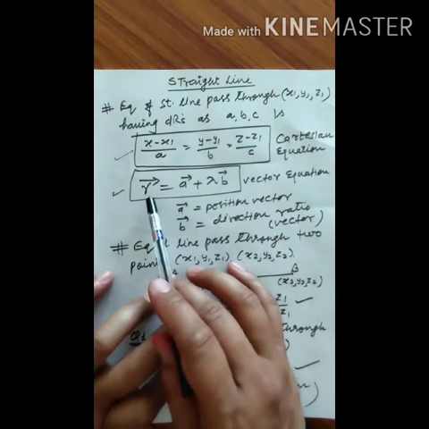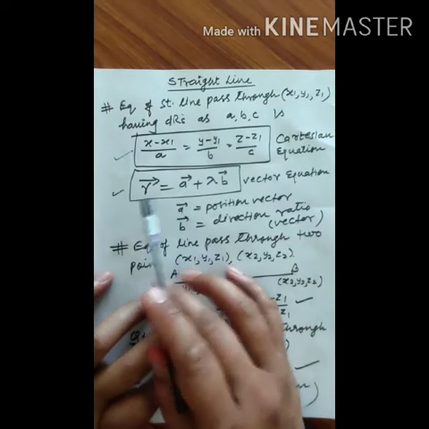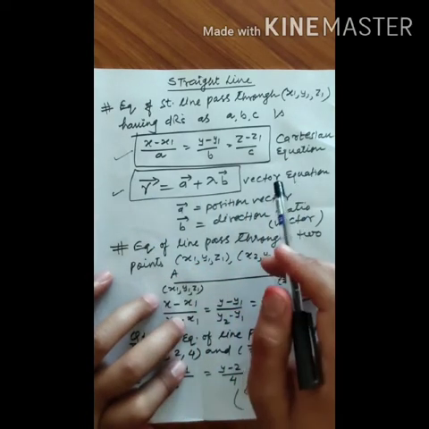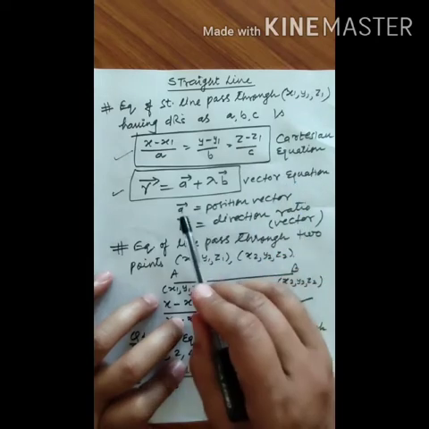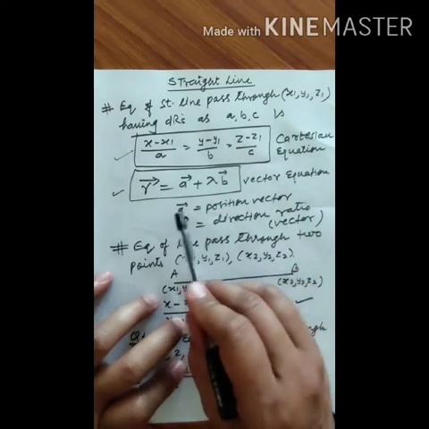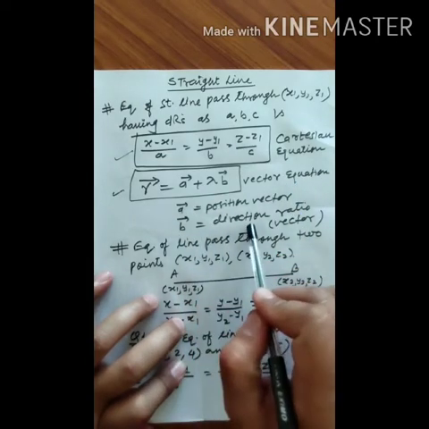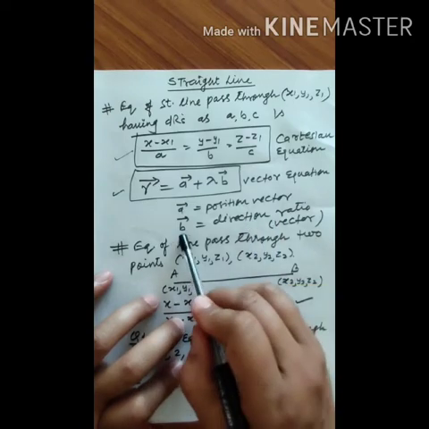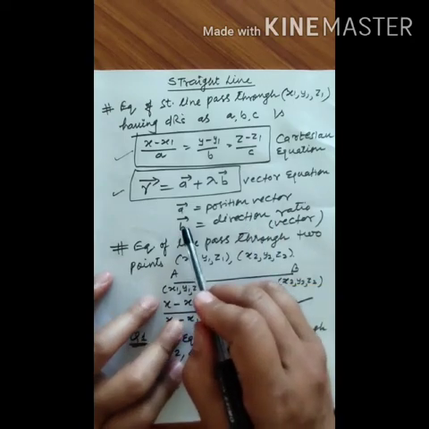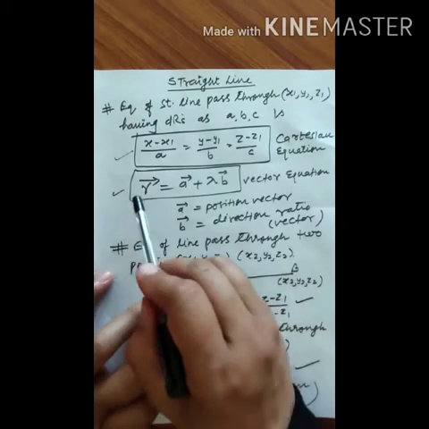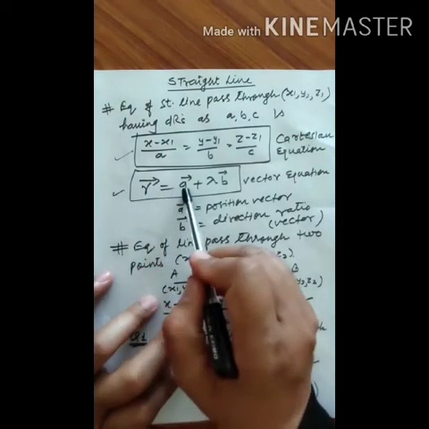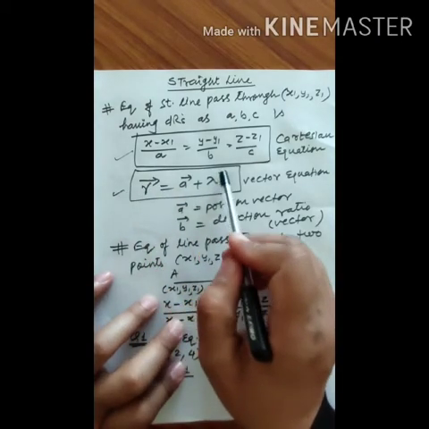Now after this, the vector equation of a line passing through a point having position vector A vector and direction vector B vector is given by R vector equals A vector plus lambda times B vector.